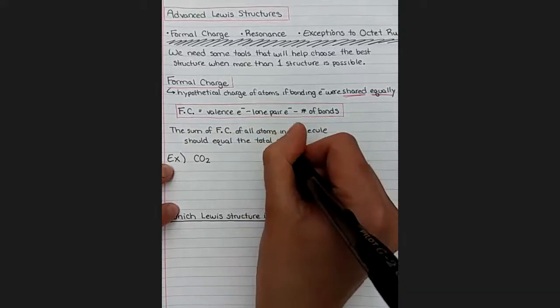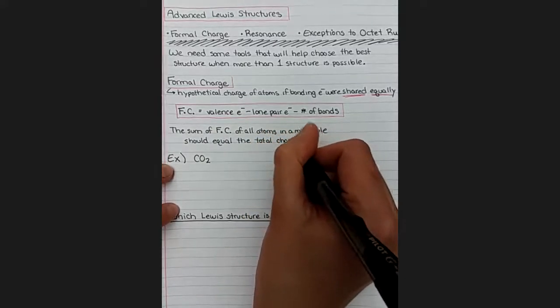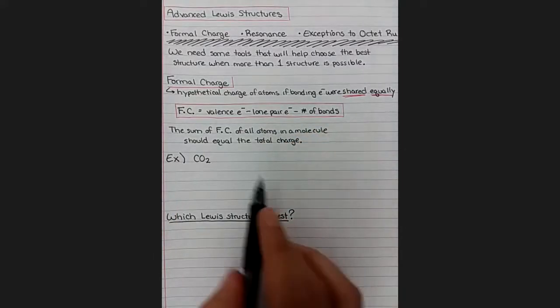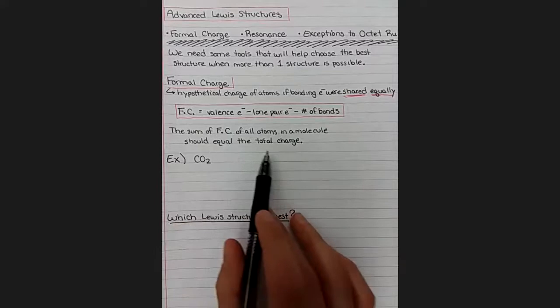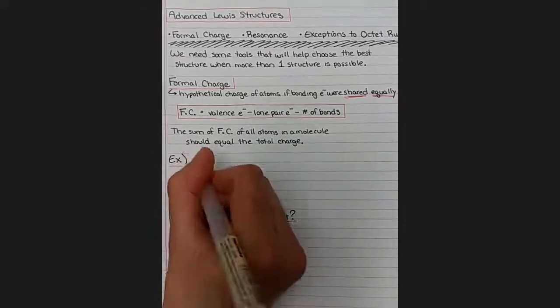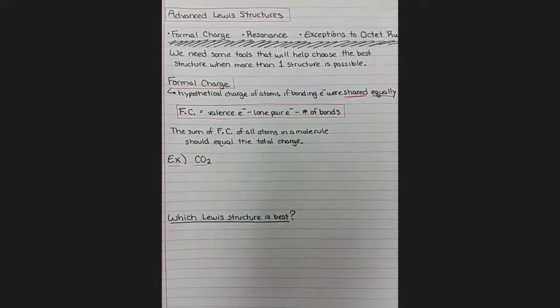Most molecules don't have a charge, and so then the sum would equal 0. But if there is a charge on some sort of an ion, then the sum of all the formal charges should equal the real charge of that ion. So let's look at an example and put our skills to the test.